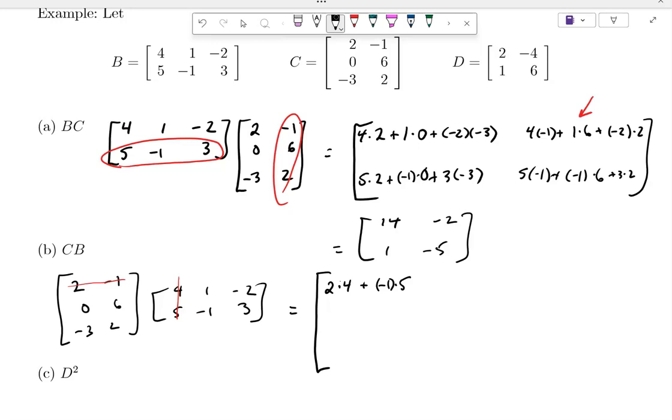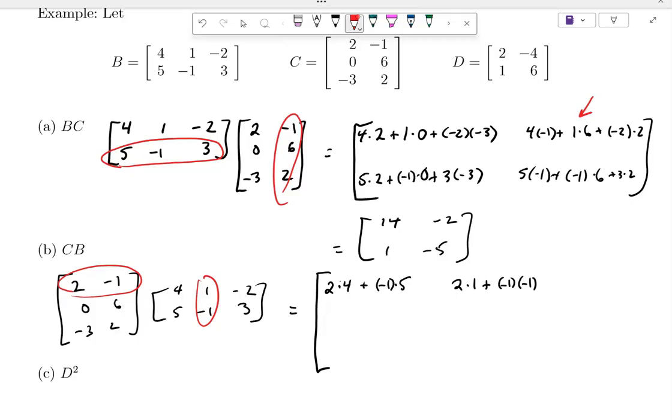Going across to the next row, how do we compute the next one over? How do we compute the one that's in the 1, 2 spot? Two times 1, negative 1 times negative 1. Okay. Again, we're matching this row with that column, right?